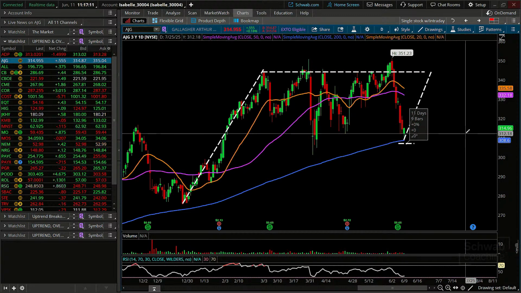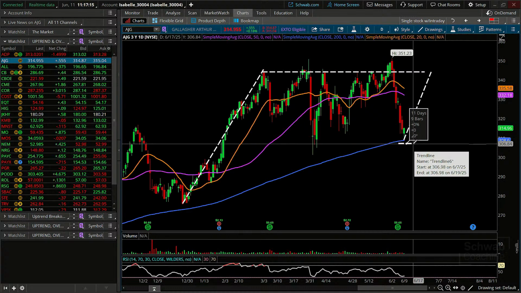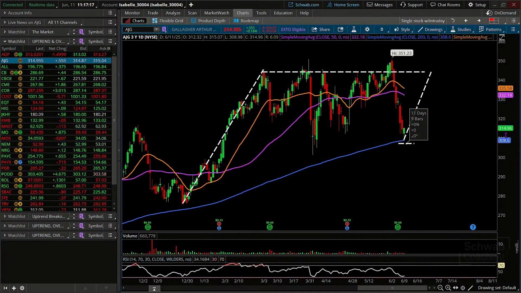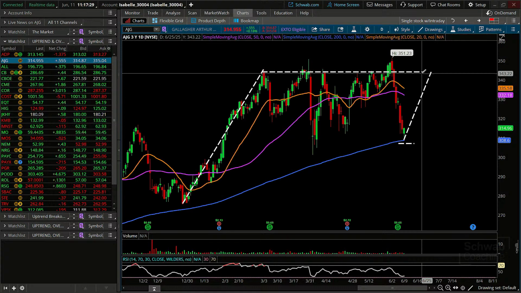So that would still give, as an example, if they decided to exit at 307, about 8 or 9 points of risk for the opportunity to potentially make 30 to the upside if you think it's going back to the peak. So that's one way to think about it, one way to look at it.